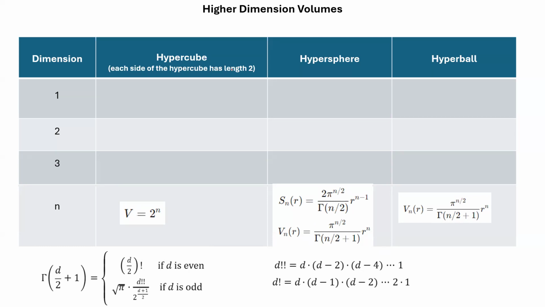We have learned about three different spaces, or diagrams: hypercube, hypersphere, and hyperball. Let's try to understand these in detail. Let's start with hypercube, and leave hypersphere and hyperball for later. Let's talk about hypercube.